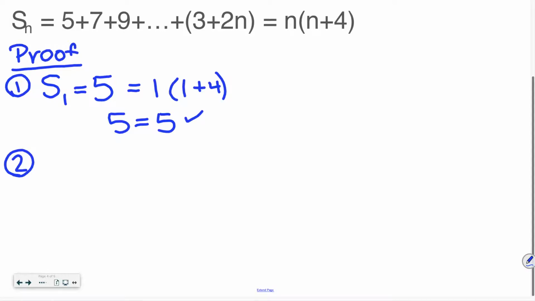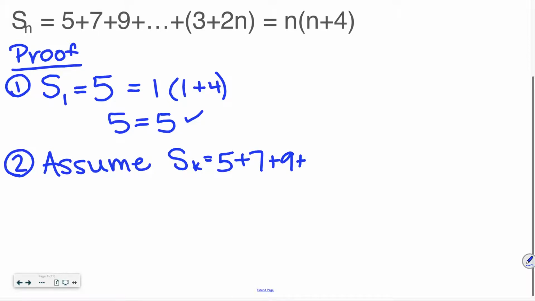Step number 2, what's the word we write? Assume. And we assume what is true? S of K equals. So same thing but with K's, right? You don't have to spout it all out to me, Alice.